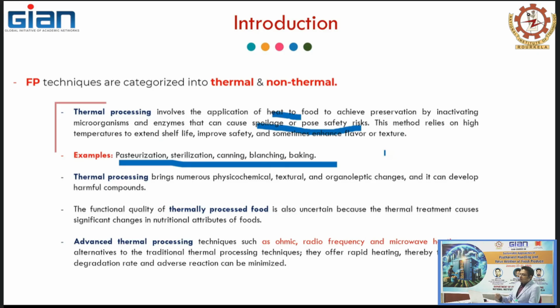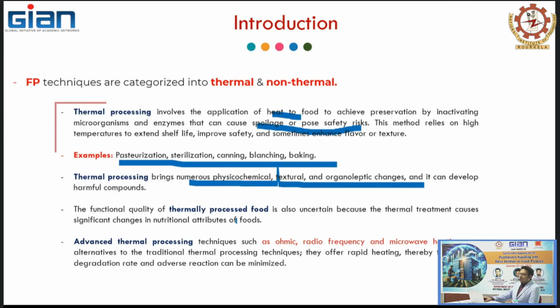But although thermal techniques are very popular for some products, they bring some undesirable changes. These may be physicochemical, textural, even organoleptic changes that may not be expected by the consumer, or for the product characteristics.